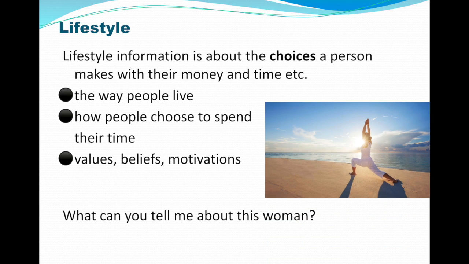So how about this person? In terms of the way we live, we can tell that she lives an active lifestyle. She's clearly in athletic shape. In terms of how she chooses to spend her time, given that she's outdoors right by the water, we can tell that she enjoys spending her time, or some of it, in nature.